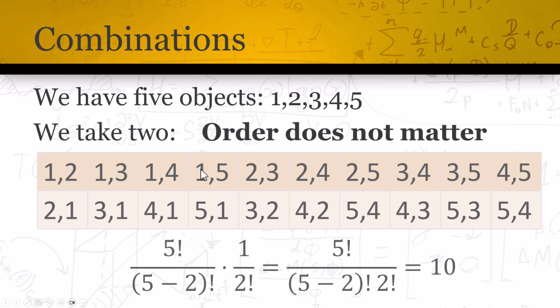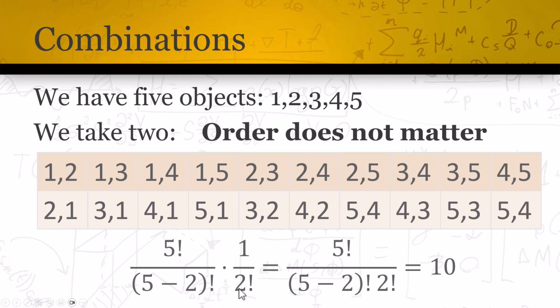Notice that in total we have 20 items, but every single item has 2 permutations. And so as a consequence, instead of having 20 items, we actually have 10. And how do we get that? Well, we get that from, first, our permutation formula, which is n factorial divided by n minus r factorial.